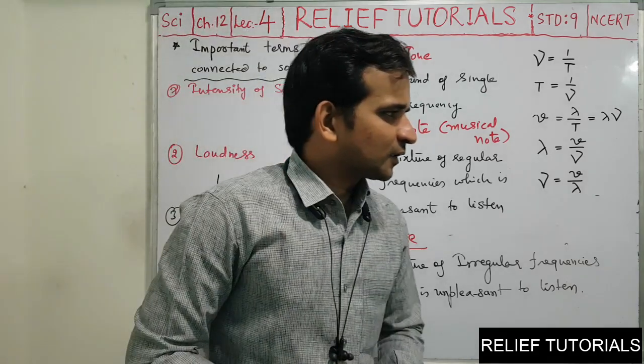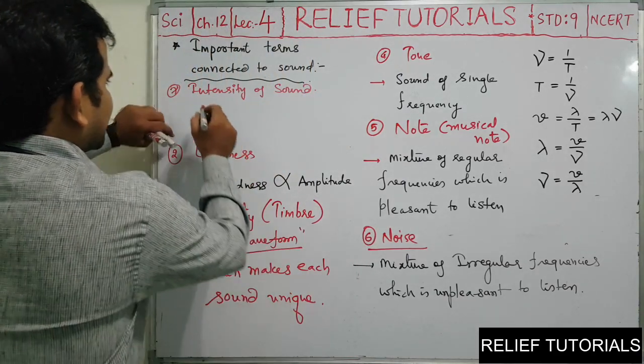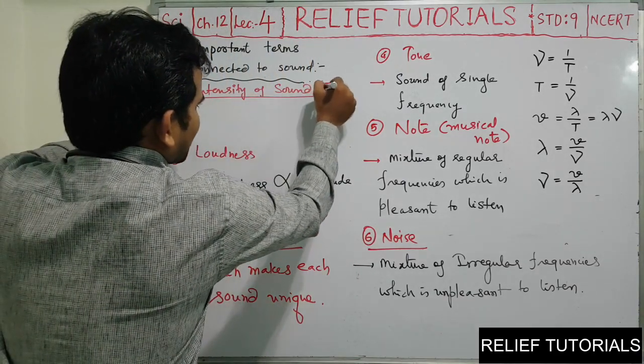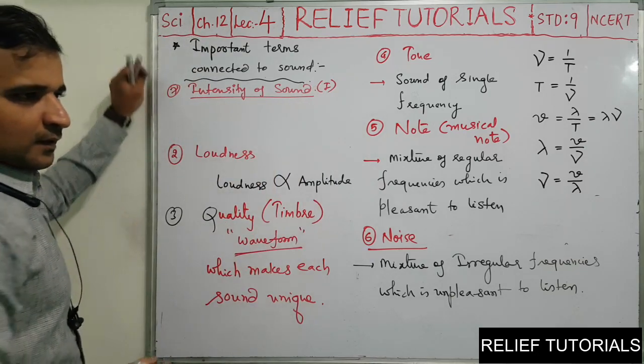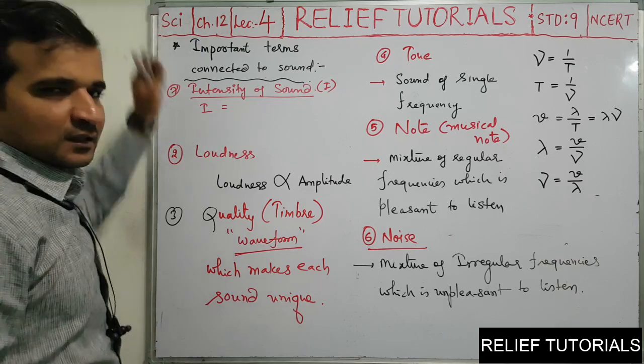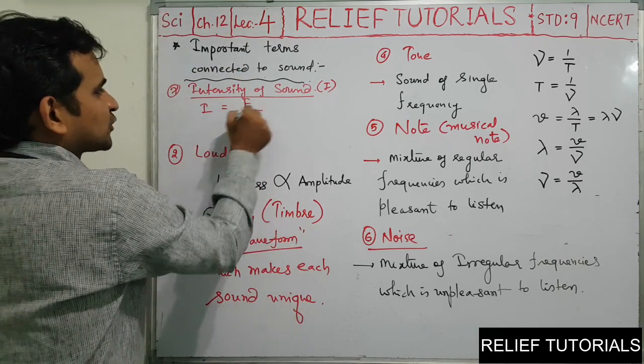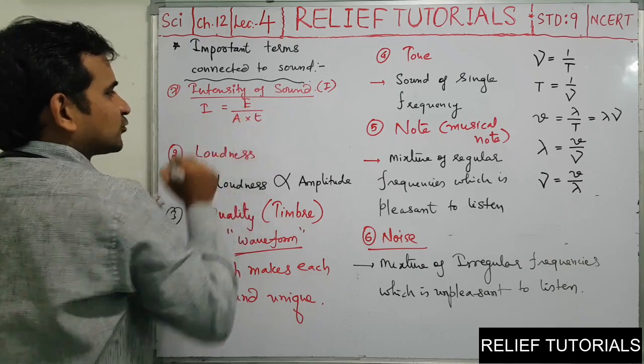It is not in detail in your syllabus, but still let me clear it. Intensity is symbolized by I. Intensity of sound means the sound energy passing through unit area in unit time.